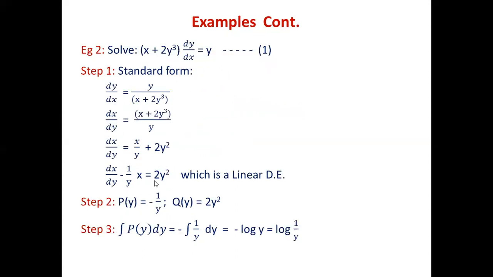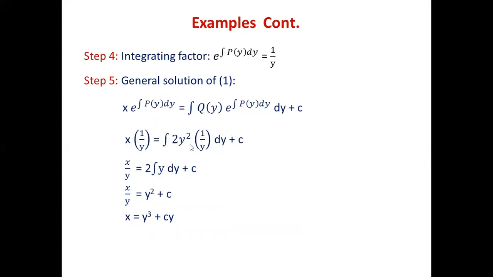If you see, it is 2y square. So in place of q of y, we put 2y square. And of course, e power integral p of y dy is 1 by y. That is the integrating factor. So now the integral of y is y square by 2. So the 2 would be cancelled. So this is the general solution of the given linear differential equation.